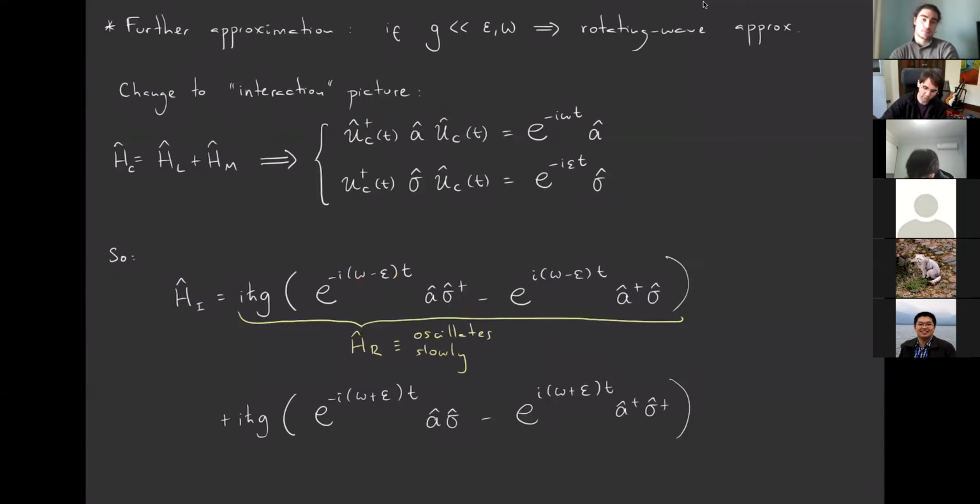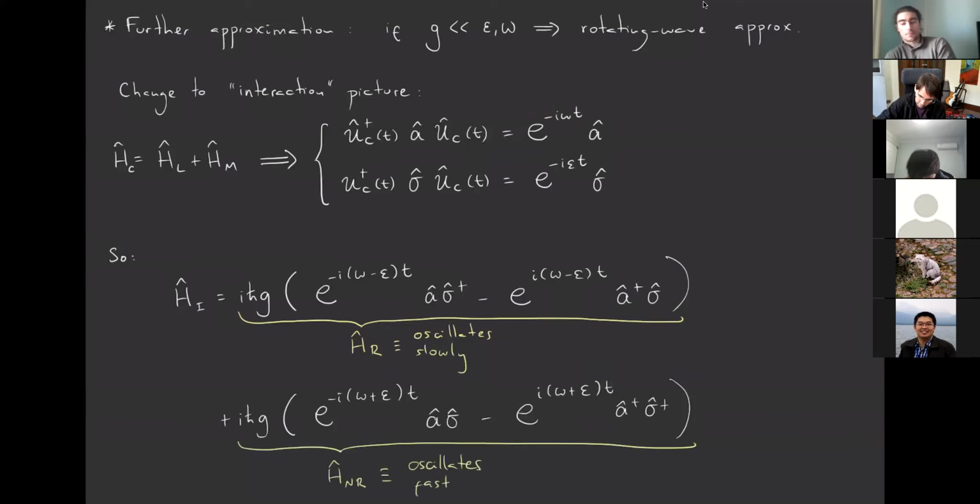Small compared with what? Small compared with the oscillations of this term in here, that we will call H_AR. You will understand in a second why we call them R and AR. Because this one oscillates fast, and it oscillates fast because it's just the sum of omega plus epsilon in the oscillation, okay?